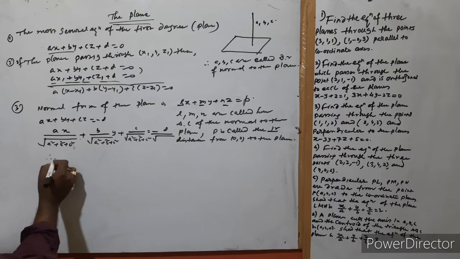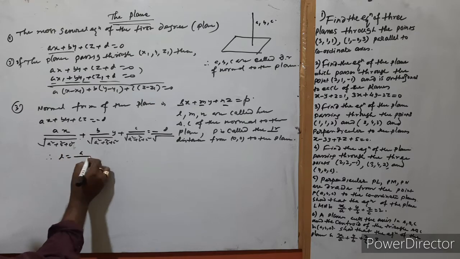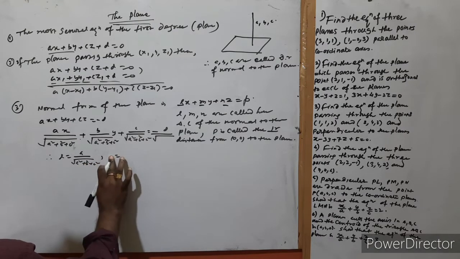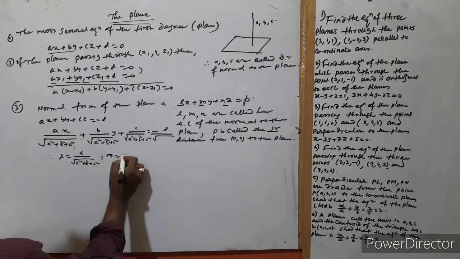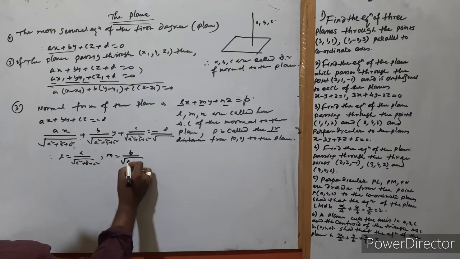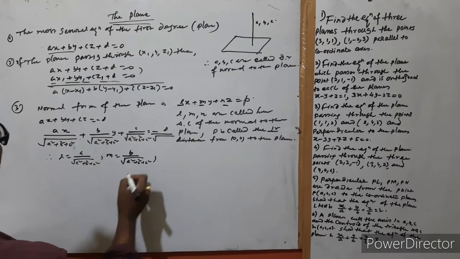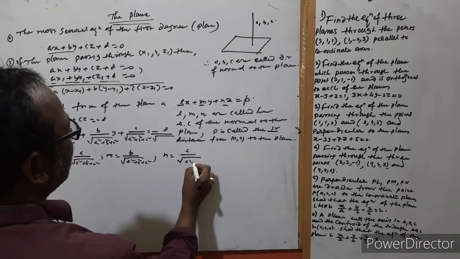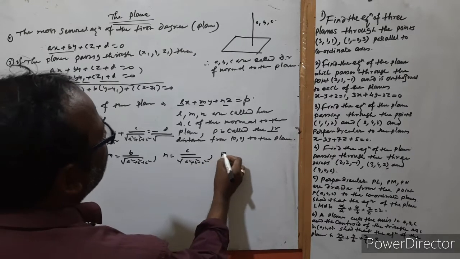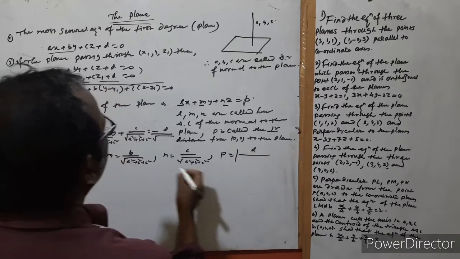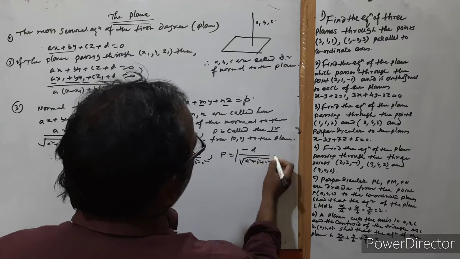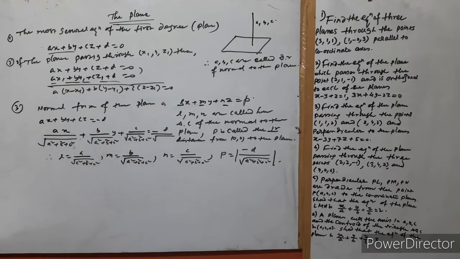So therefore l is equal to a by root over of a square plus b square plus c square, m is equal to b by root over of a square plus b square plus c square, and n is equal to c by root over of a square plus b square plus c square, and p is the perpendicular distance from the origin, which is d by root over a square plus b square plus c square actually. Okay, so this is the normal form of our plane.